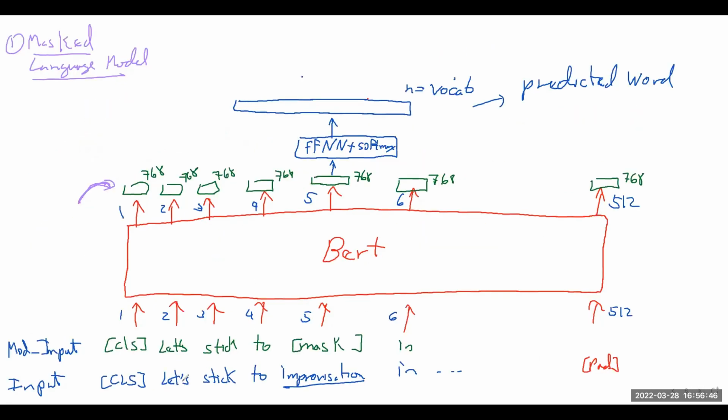Let's say let's stick to improvisation in, right? And the rest is padded. But I just want it, this gives me a vector of size 768 for each word, but I just want one vector of size 768 for the whole sentence. What do you think I could do?